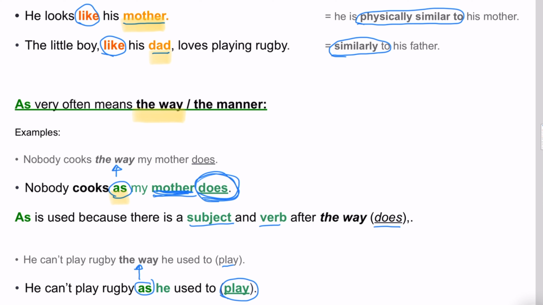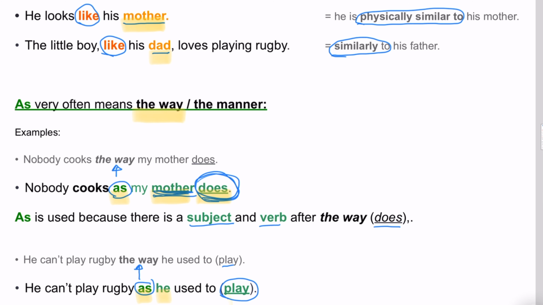Nobody cooks the way my mother does. And we also have mother, the subject or the noun, and does, which is the verb. Then he can't play rugby as he used to. As is used with the subject and the verb, which we haven't said, but we imagine it's implied. So he can't play rugby as he used to.